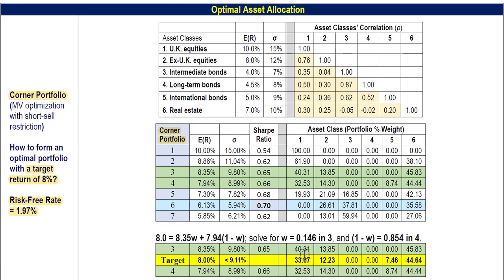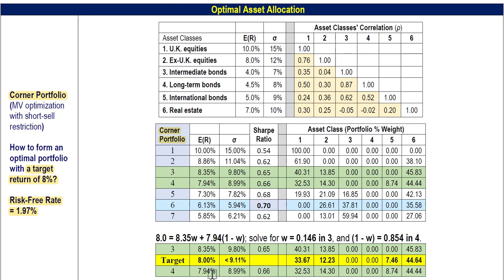So I get the allocation weight here: 33.67% in asset class 1. And I do the same thing for class 2. Therefore, it's not 13.5, it's not 14.3, but 12.23 with a weighted average, and so on.